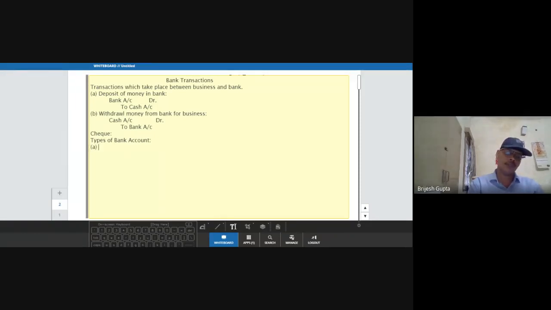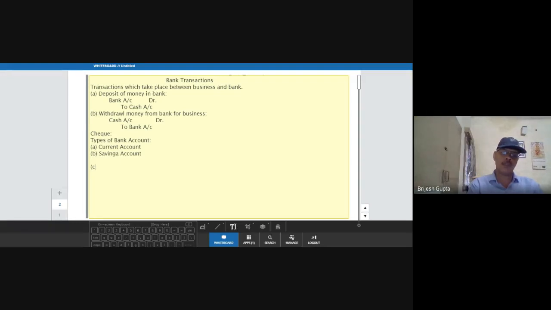Number 1 is the current account. Number 2 is the savings account.